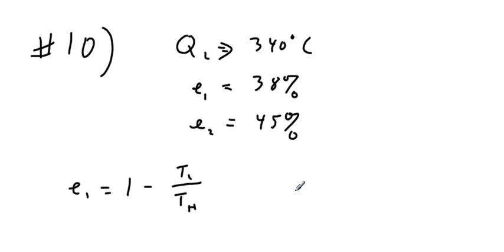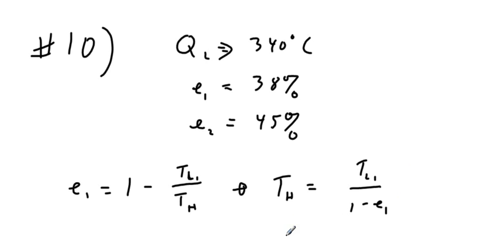Okay, so we're going to keep low 1. So the hot temperature, which isn't going to change, is temperature low 1 over 1 minus E1.